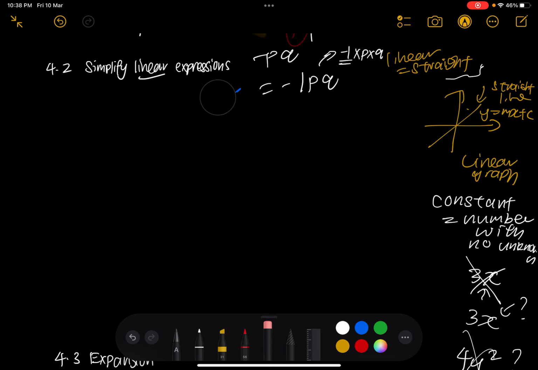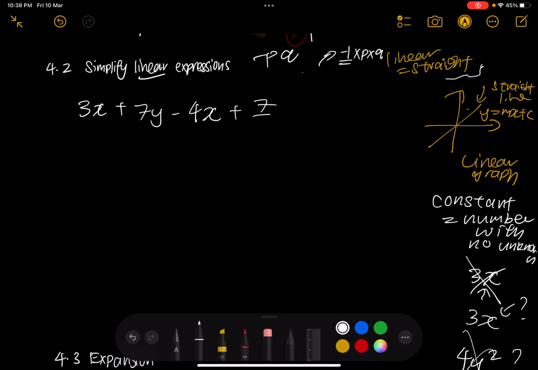Next, let's identify like terms together. Let me make a question real quick. 3x, 6, plus 3y. This is a question I made up on the spot.